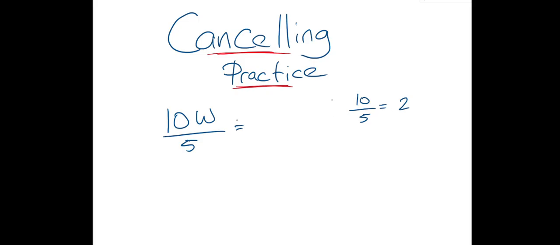So the answer here, that's going to go to 1. That's going to go to 2. So we're left with 2W over 1. And if you remember our rule from before, anything divided by 1 is that thing. So the answer to that is just 2W.